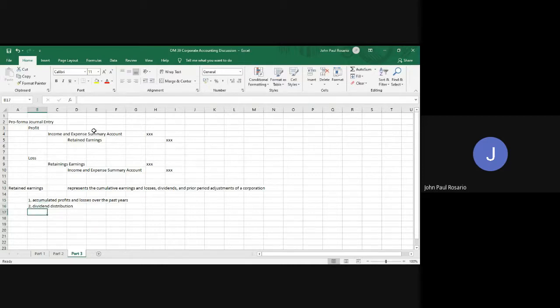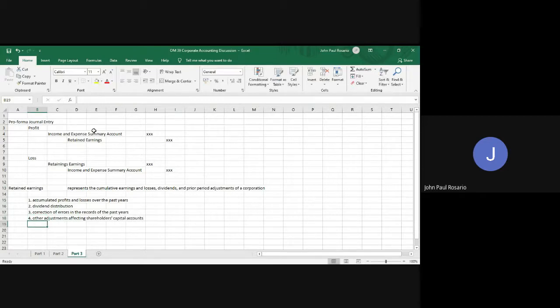And then number 3 is correction of errors in the records of the past years. 4 is other adjustments affecting shareholders' capital accounts.